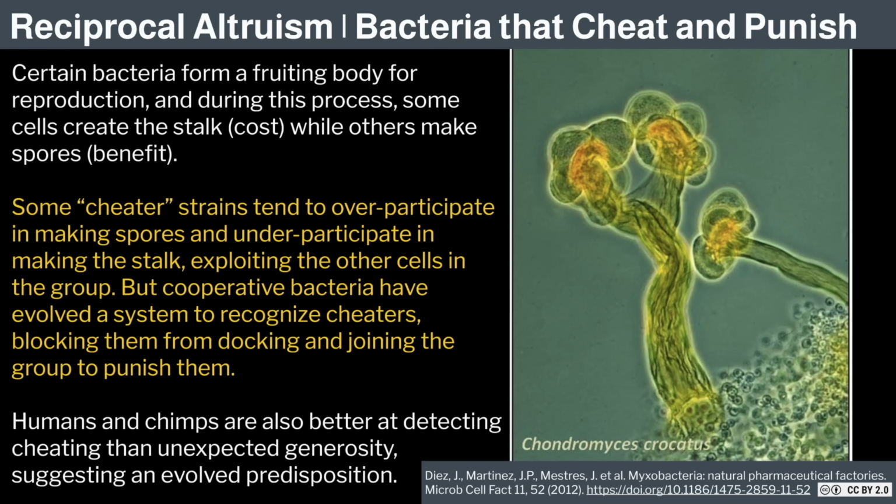Chimps have the same proclivity. They are better at spotting somebody cheating than at spotting somebody who's being pathologically generous and being cooperative for no reason. There's been selection for this.